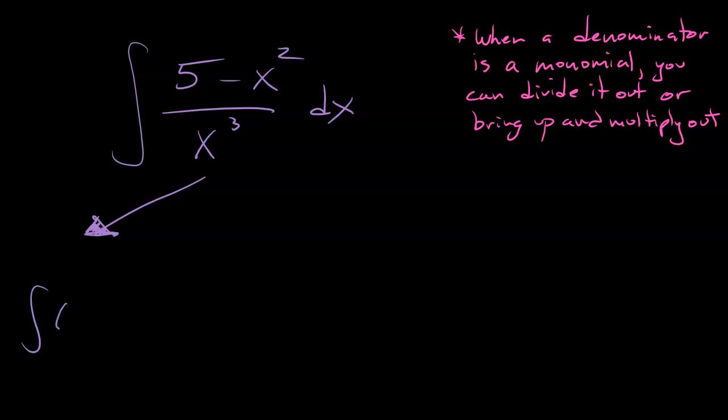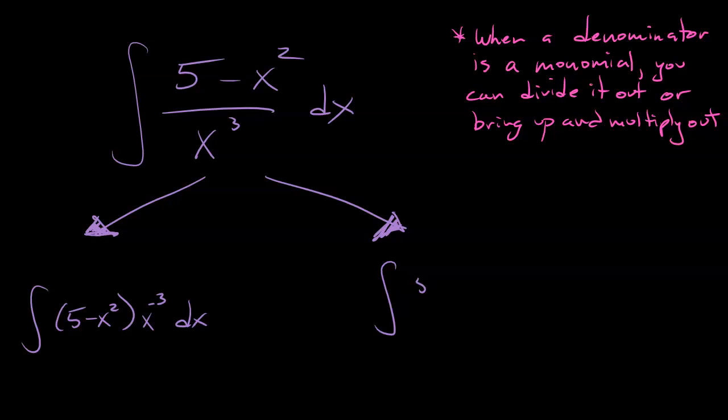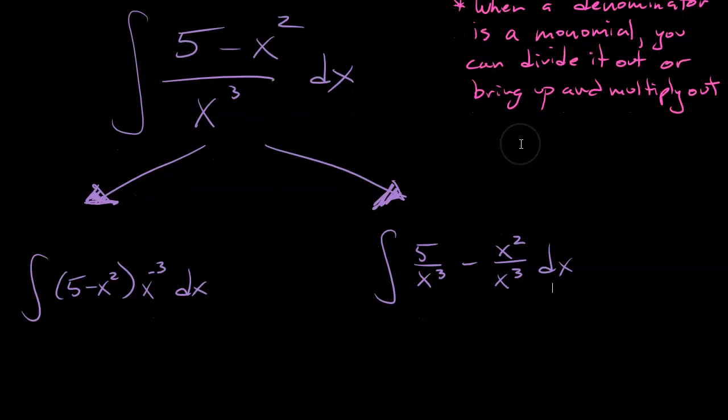This method is to bring x to the third up to the top as x to the negative 3. The second method is to split up the fraction, to divide it out. You'll get the exact same answer both ways. No matter which way you picture how to do this, it will work.